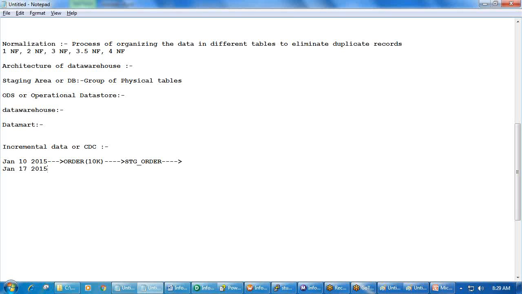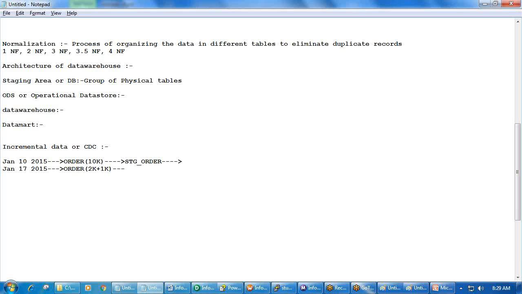It could be that in your order table 2,000 new orders have been created, and some of the existing orders might also have been modified, meaning customers might have cancelled the order or replaced it with a different product. Let's say 1k records have been modified.